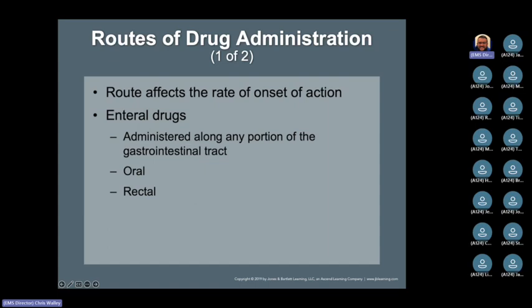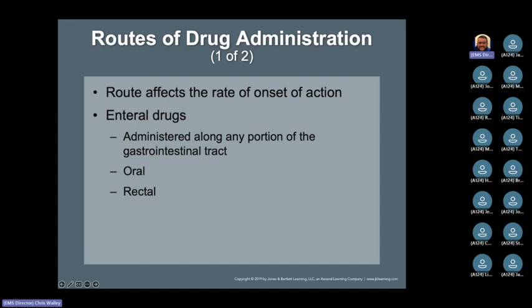We have our orals, per PO, which is by mouth. They enter the bloodstream through the digestive system, and it can take up to at least an hour for them to be absorbed if taken PO. You have rectal, or PR, per rectum. Again, no advanced EMT can give any medication administered rectally.